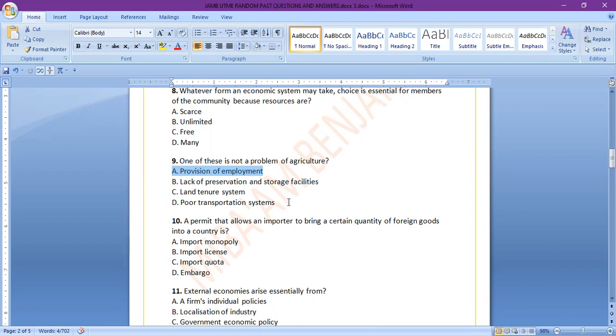And then poor transport system. Those in the rural areas, they produce, but before they take some of the goods to the market, the roads are bad, some of the product gets condemned.